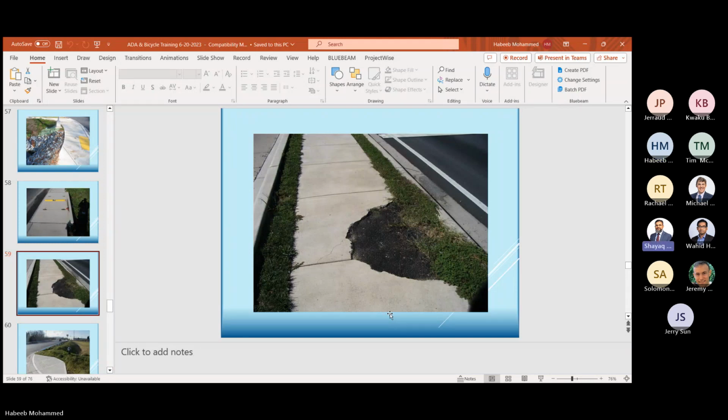If the roadway grade is steeper than 5-6%, then the roadway might not be AASHTO compliant. Based on AASHTO, I believe the maximum grade is 5-6%.